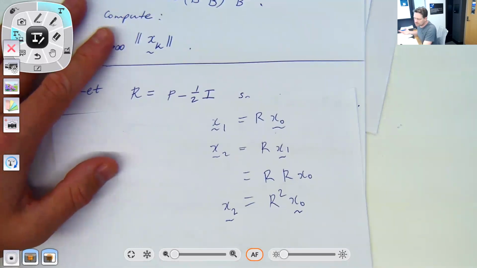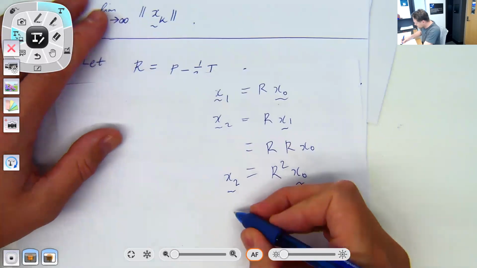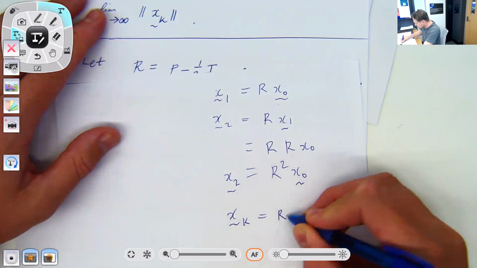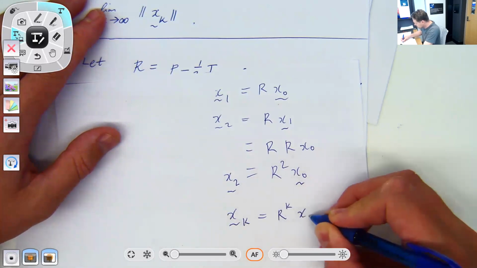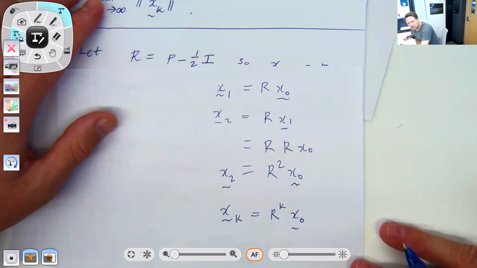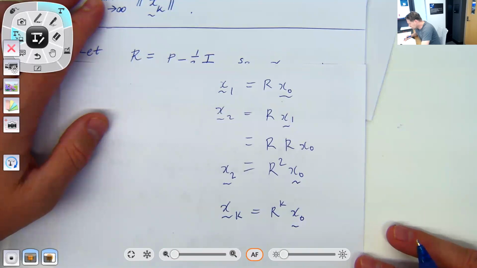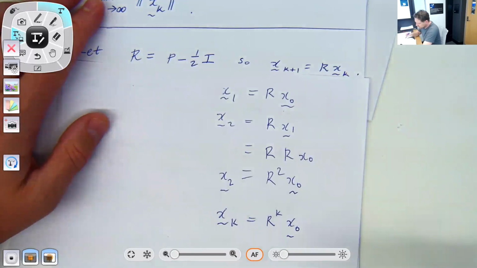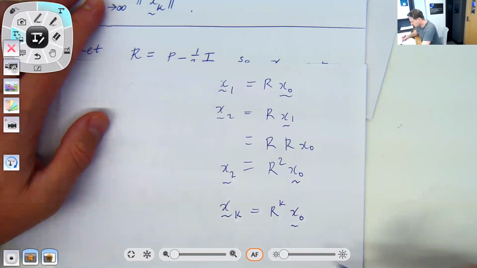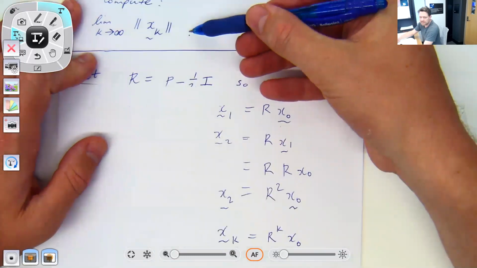And you can carry this on in the same way and get the general closed form for the sequence, which is xk is equal to R to the power of k x0, right? Now that's good because if you were able to diagonalize this one, then you could calculate this and make the right conclusion about this limit.